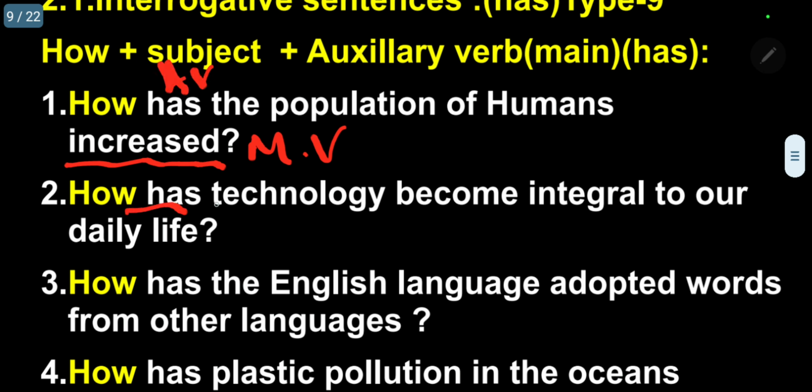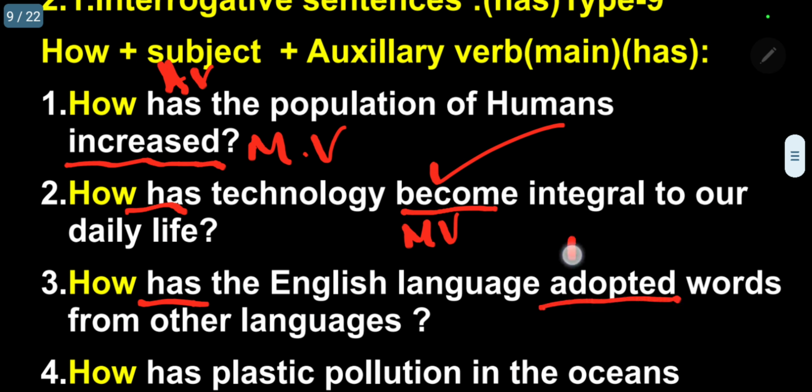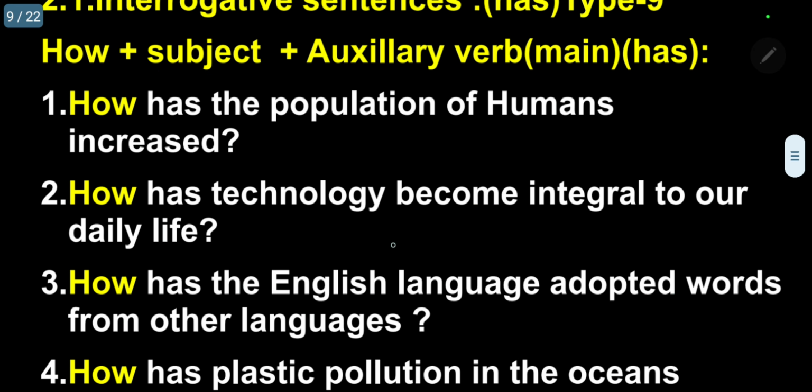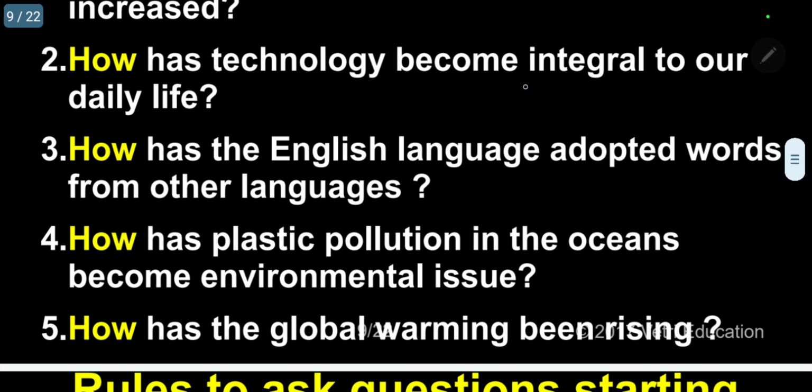How has technology become integral to our daily life? Become, main verb, has auxiliary. How has the English language adopted words from other languages? Adopted, main verb, has auxiliary. The next one.